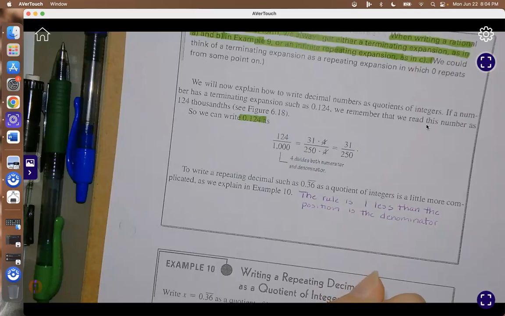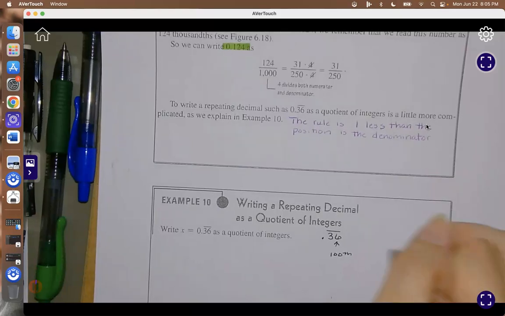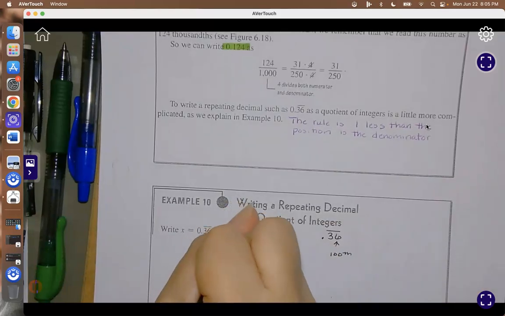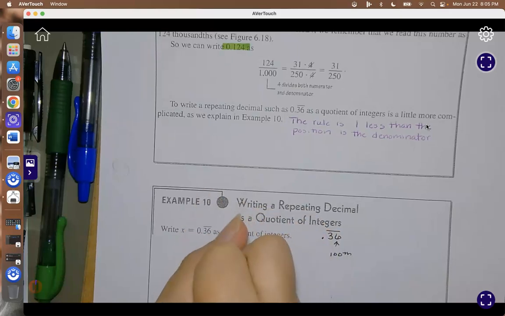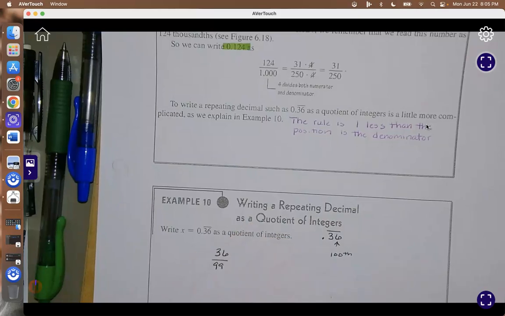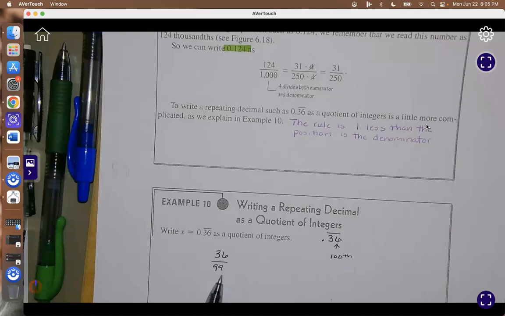0.36 repeating. This is in the hundreds. Okay, this is in the hundreds. So you're going to put 36 over 99. And then you would reduce this. Okay, so you would reduce this. Let's see. 2 will go into that.